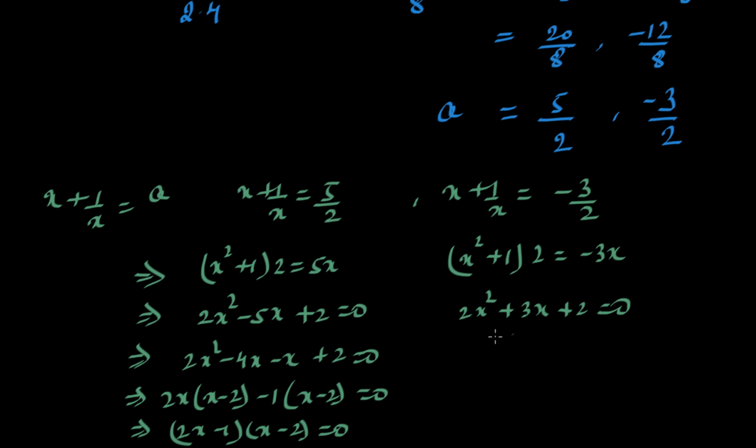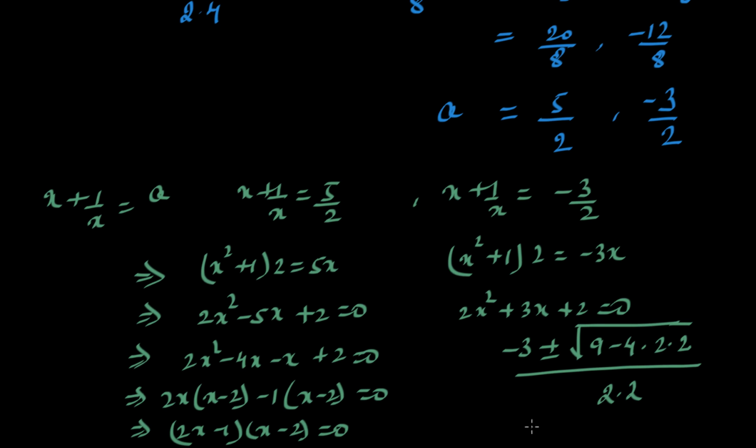Similarly, let us try to solve this equation. 2 2s are 4. So what can be the factor here? So let us apply the quadratic formula in case you are having any difficulty. So the quadratic formula says minus b, so minus 3 plus or minus under root of b square 9 minus 4 into 2 into 2, divided by 2 into a, again 2.